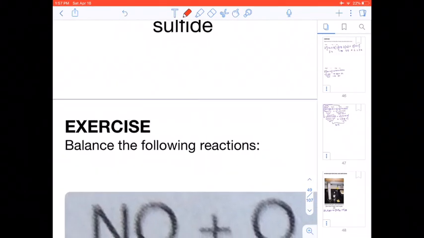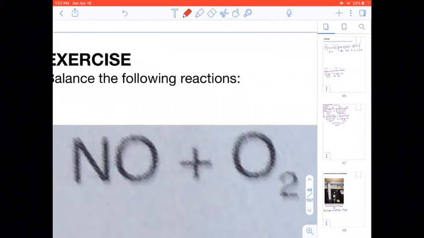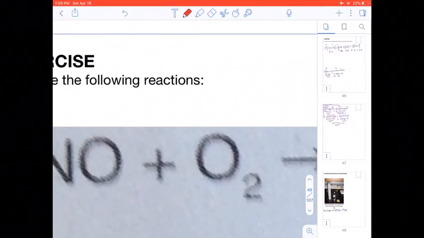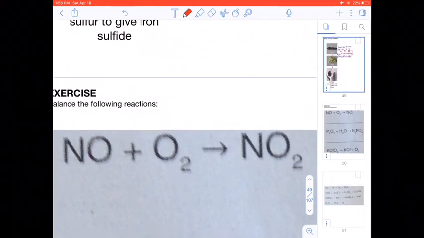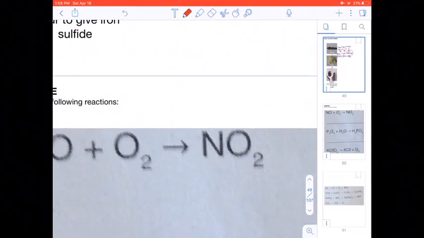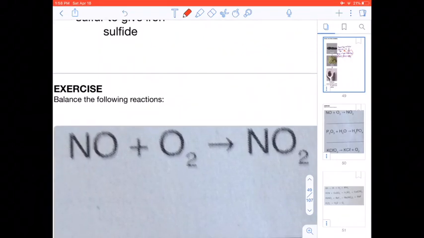Now let's look at the exercise and balance the following reactions. Here we have NO, which is a gas, and oxygen is a gas, and NO2 is a gas. The states of these substances haven't been given.